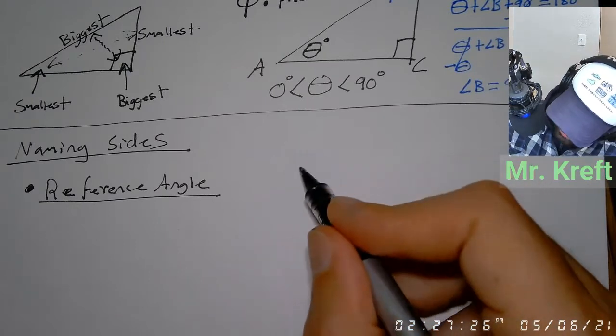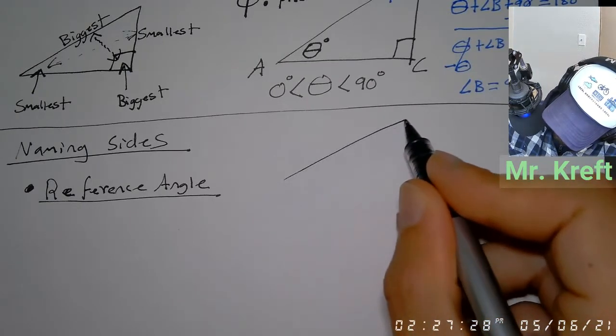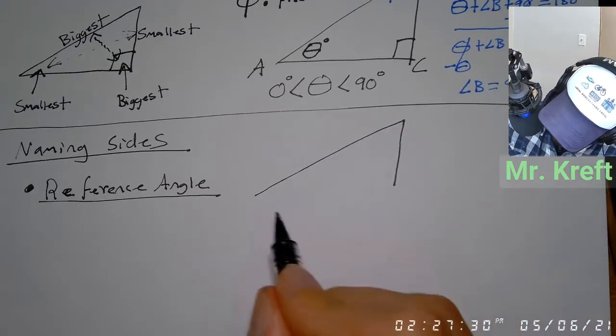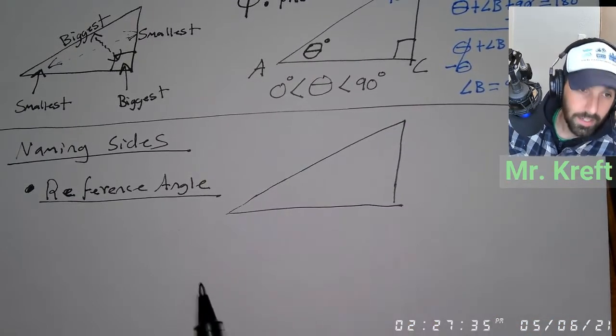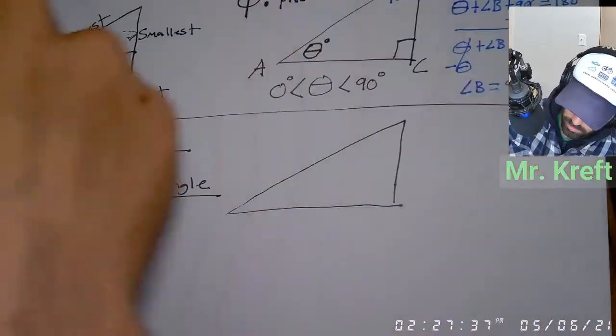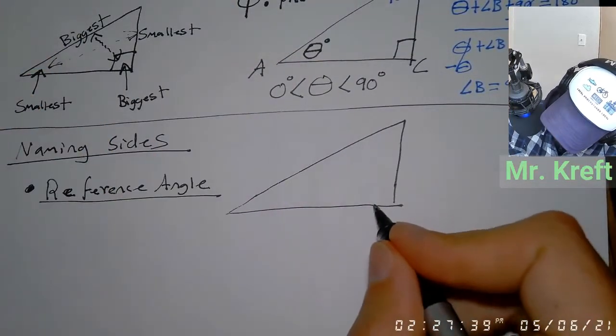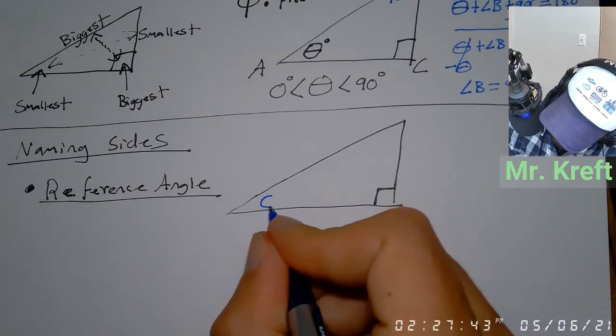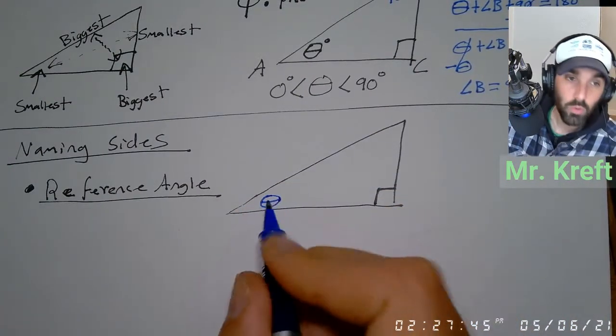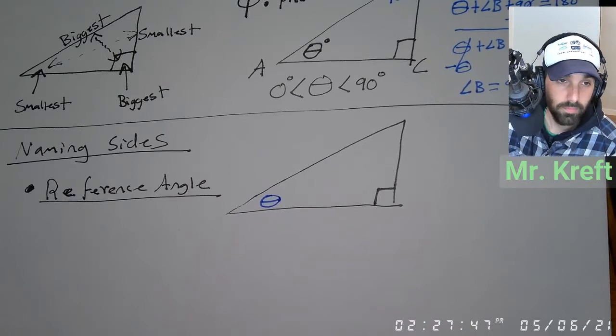For example, let's say I have a right triangle. I'm going to make it a little bit bigger. Oops, I should make it a right triangle. There we go. And this right here is going to be my reference angle.